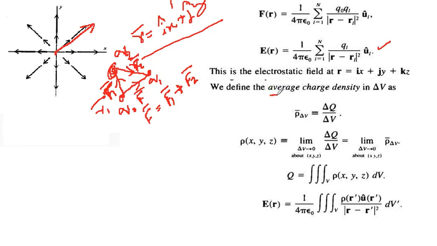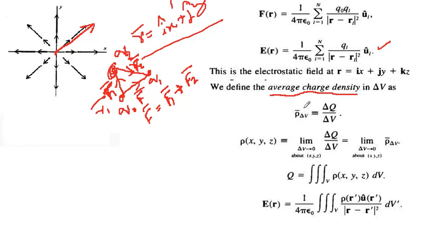Average charge density is the charge per unit volume. This is my symbol of average charge density: del Q by del V. Now if I understand this as a function, this is not a vector function, remember this, we are talking about a scalar function.